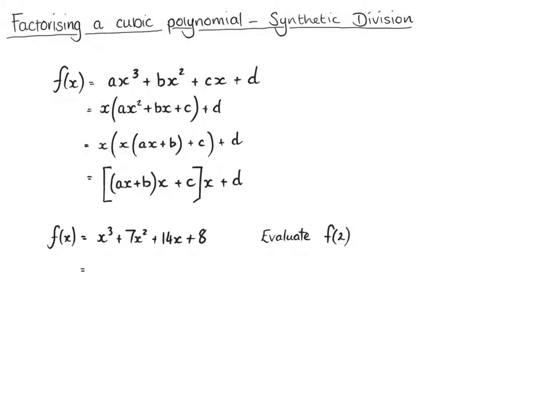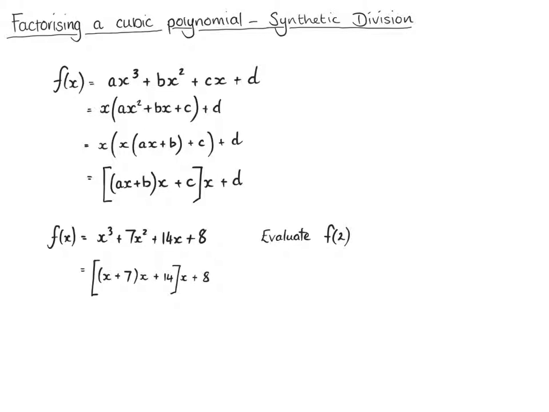So we have ax, where a is just 1, plus b, which is the number in front of your x squared term from the start, all of that times x, plus c, which is 14, and we've got to times that by x, and then we've got to add 8.